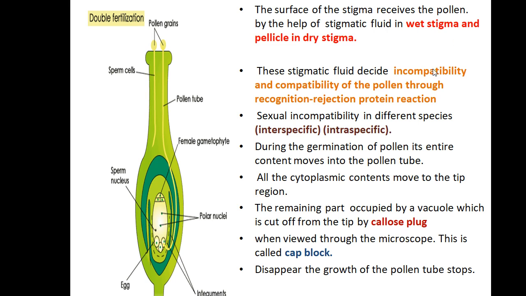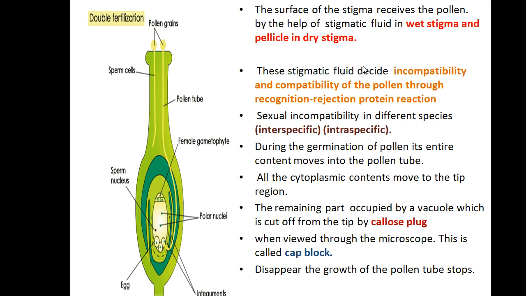Okay, this stigmatic fluid will decide the incompatibility and compatibility of the pollen through the recognition rejection protein reaction. Yes, this stigmatic fluid only decides whether it is correct or not correct. Compatibility means yes, it can go on for the fertilization process, but if it does not go to the fertilization, that is called incompatibility.